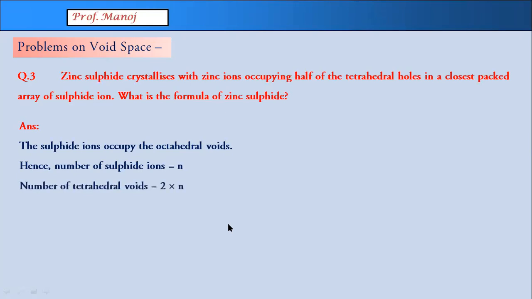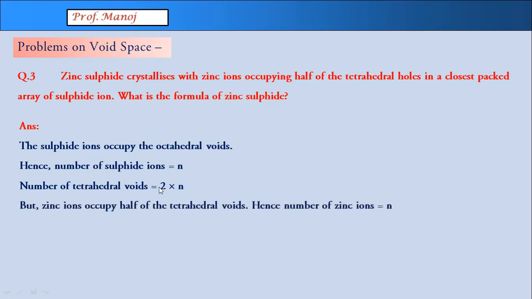Tetrahedral voids will be 2 times n. But the condition says zinc ions are occupying half the tetrahedral voids. So 2n upon 2, it will be n. So now the ratio of zinc and sulfur is going to be n is to n, 1:1. The formula of zinc sulfide is ZnS.